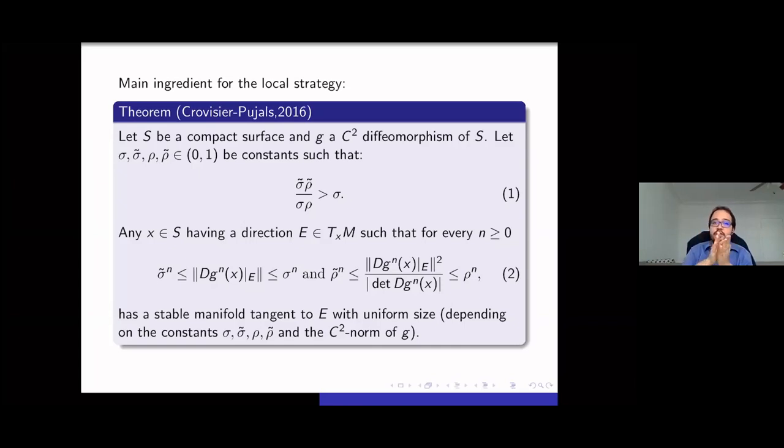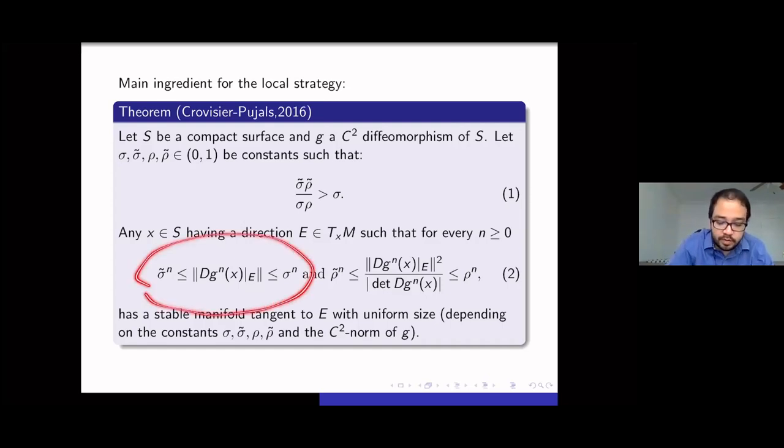So this is telling you that if I want to look at something at x, I go to f of x, I look at this cone, and I apply my inverse dynamics. These cones are being contracted. And these types of things are very good because you want to apply what is called a graph type of argument to find your stable manifold. So you have a contraction hypothesis and a domination type of hypothesis, which is translated to having contraction of cones. Here you also have those two things.